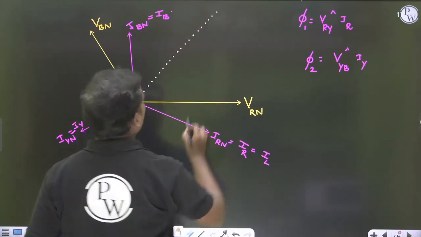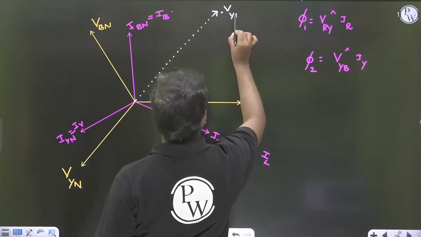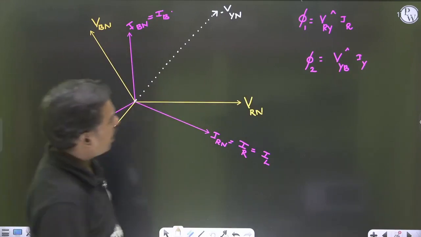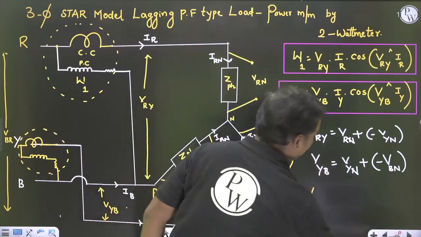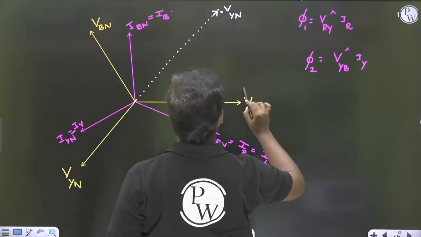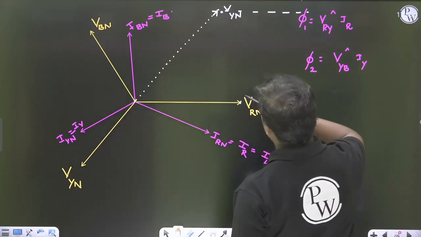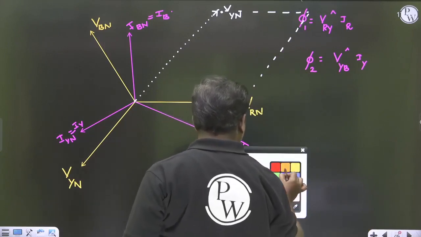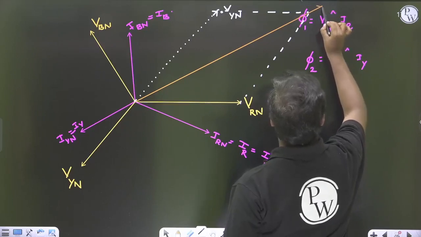Okay, so this is minus VYN. Now, what do I want? VRY. VRY means VRN plus of minus VYN. So suppose you take the resultant of these two, the resultant of these two is going to come here. So this is going to be the line vector VRY.